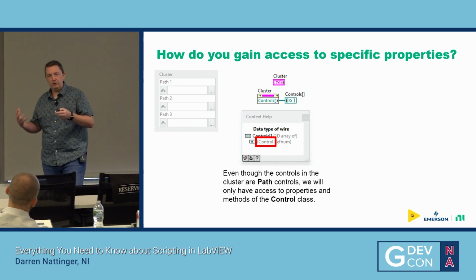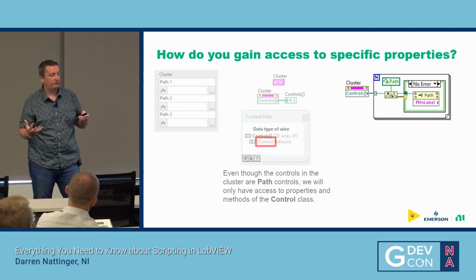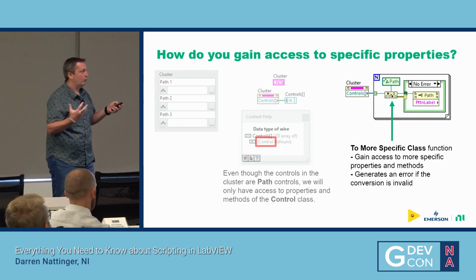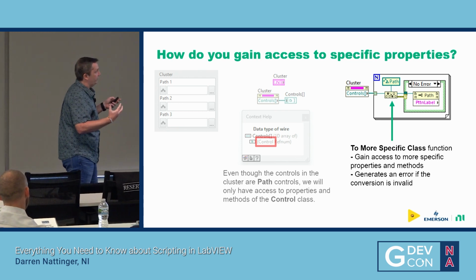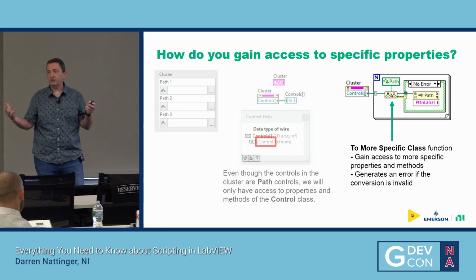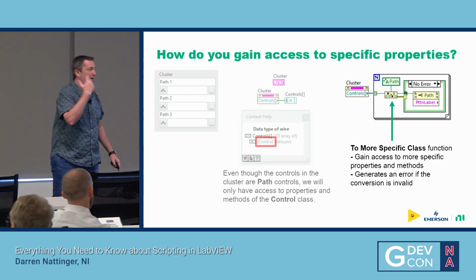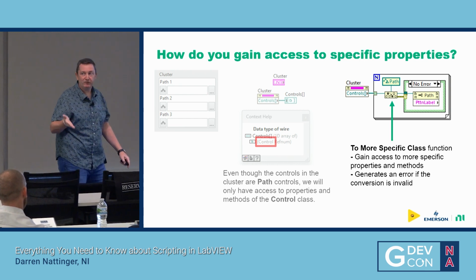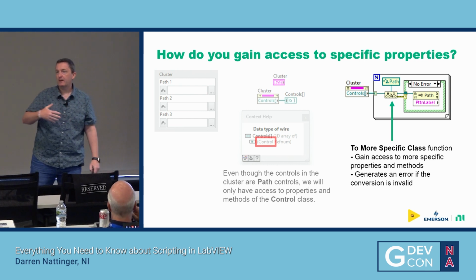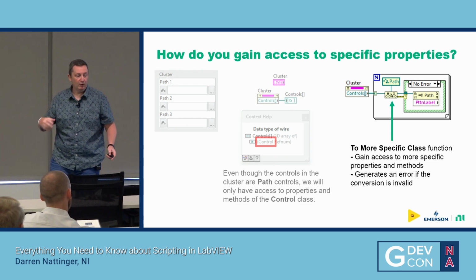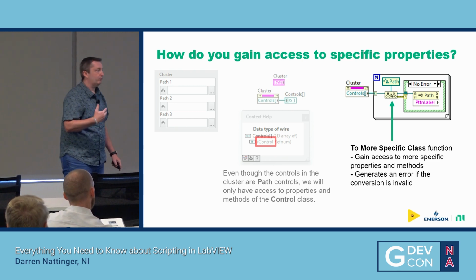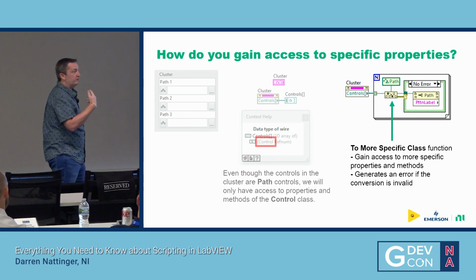And so what we need to do is use the To More Specific Class function. So the code on the right is going to get access to all the controls inside the cluster. It is going to try to turn those control references into path references, because a path is a more specific class of a control. Then assuming an error didn't happen, we are then going to be able to use those path references to modify properties of the path.